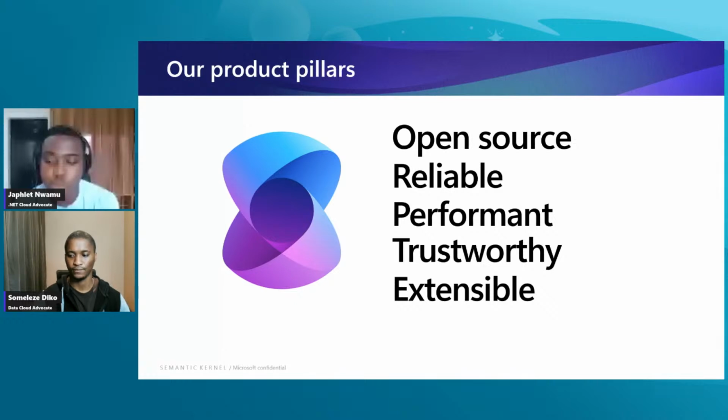Something we also know about Copilot, artificial intelligence, majority of application solutions are built on AI. And so if these systems are not reliable, then it's going to cause a lot of issues. And so Semantic Kernel is fully reliable for you and your organization.